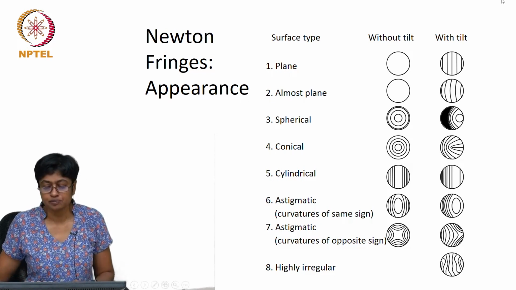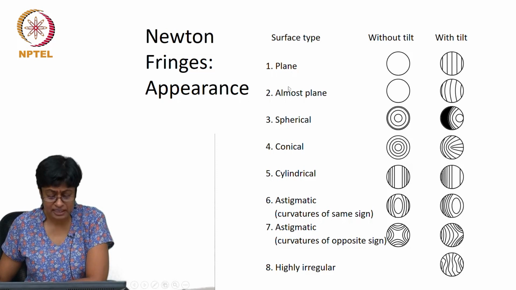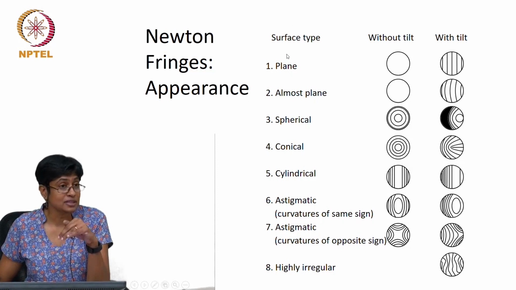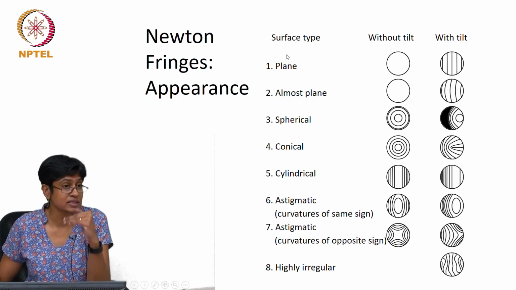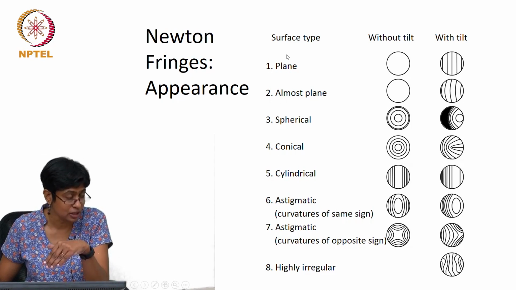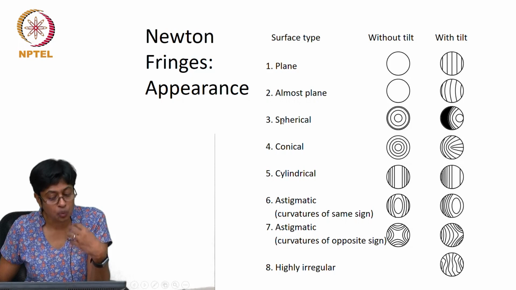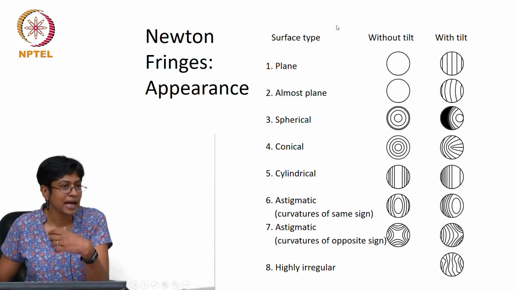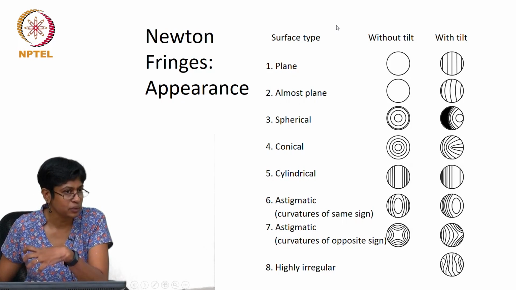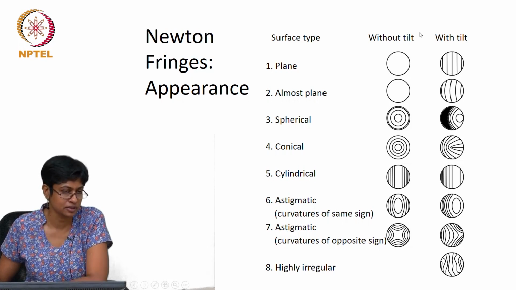Okay. So if you look at the list of surface types here, this could mean this is my surface, and the wave is now reflected off this surface. So the wave now carries this information off the surface. I could also just think of it as the wave front has this shape, and I'm interfering it with another wave front, and therefore I'm getting certain fringes.